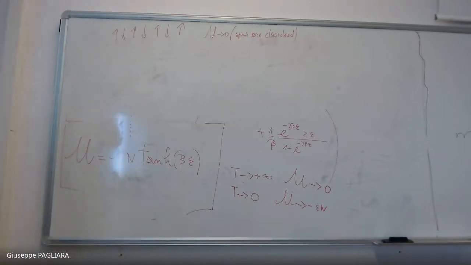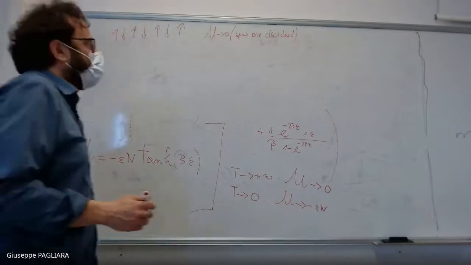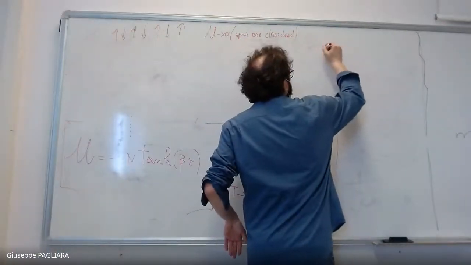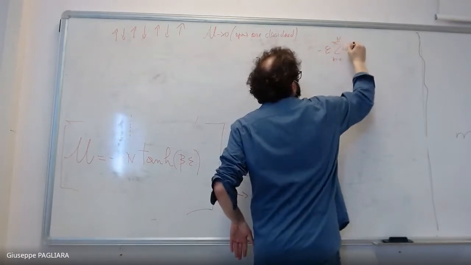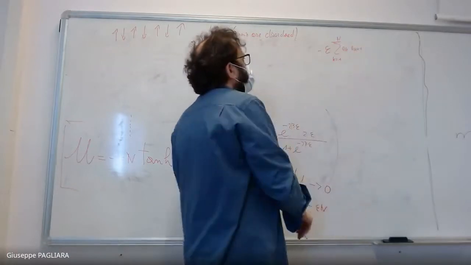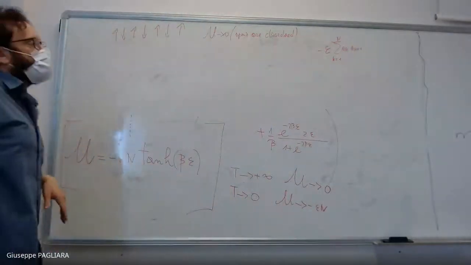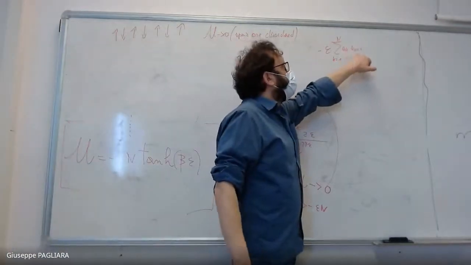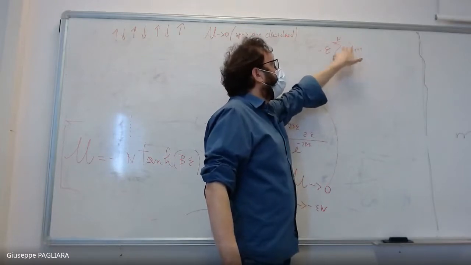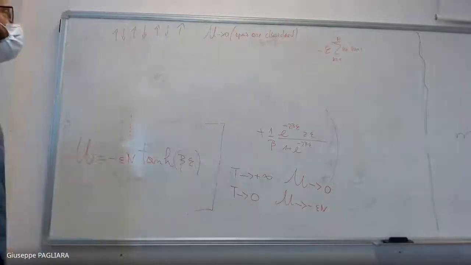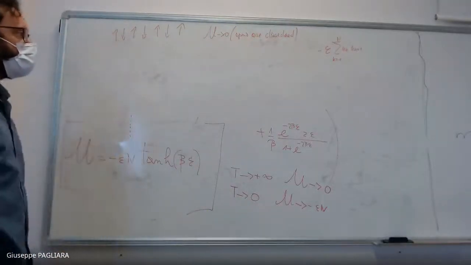We'll have some of them which are parallel, some of them which are anti-parallel. So on average, basically, I do not have any net contribution. Remember that I have in the Hamiltonian a term like this, s_k s_{k+1}. Some of them can be signed in such a way that s_k times s_{k+1} is plus, for others it can be minus, and therefore at the end the average is 0. So there is no order basically in this case.